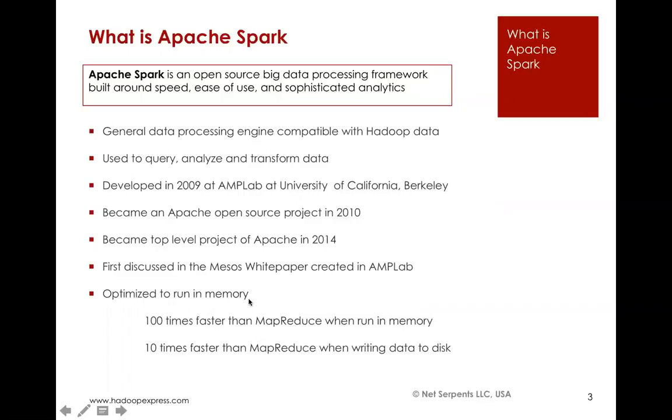But it's really an advantage to run a lot of queries and data analytics in memory because it makes it work up to 100 times faster than MapReduce when it's run in memory. And benchmarks have shown that it's about 10 times faster than MapReduce, even if it's working on the disk.